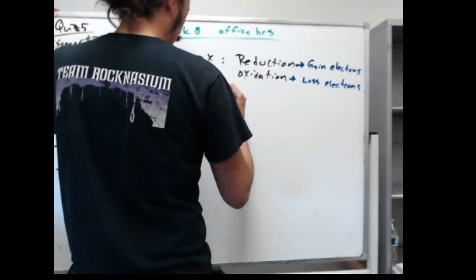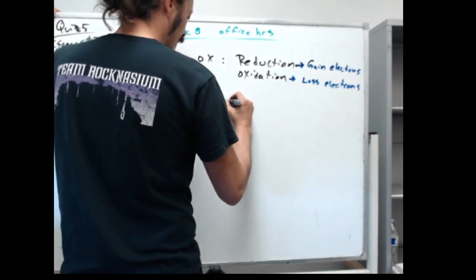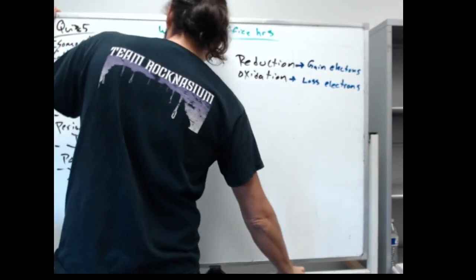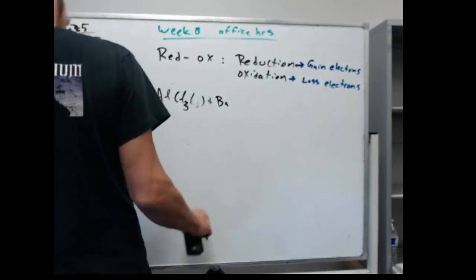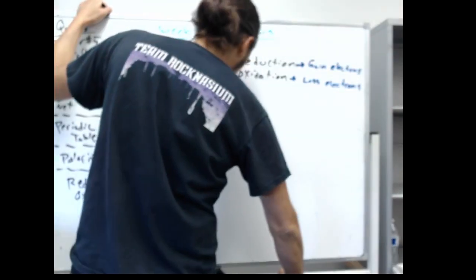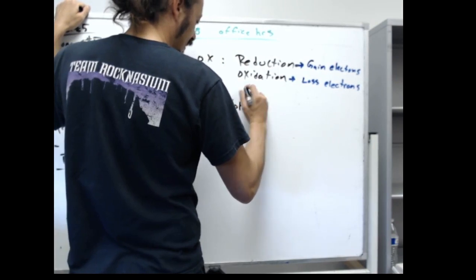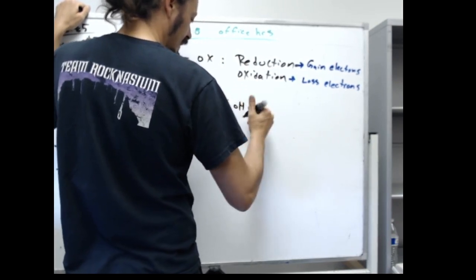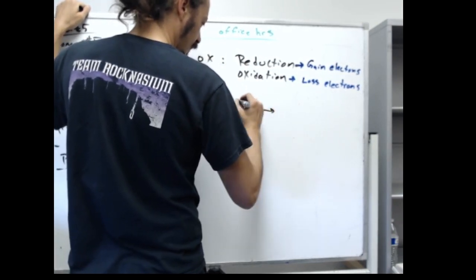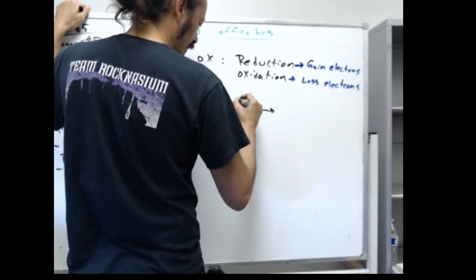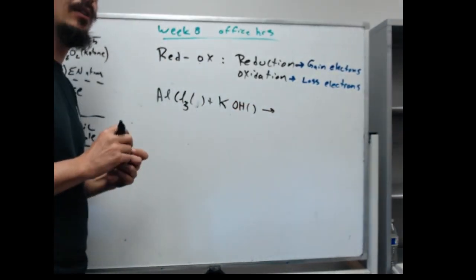Let's do that. No, not that complicated. Let's do potassium with potassium hydroxide. That's a capital O. Be careful with your lowercase o versus your capital O.